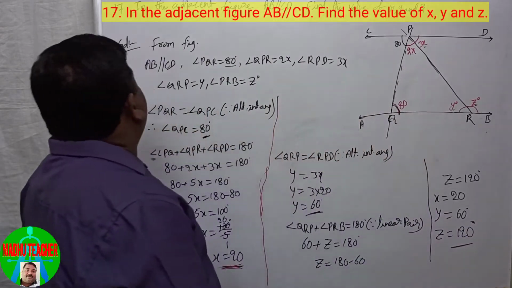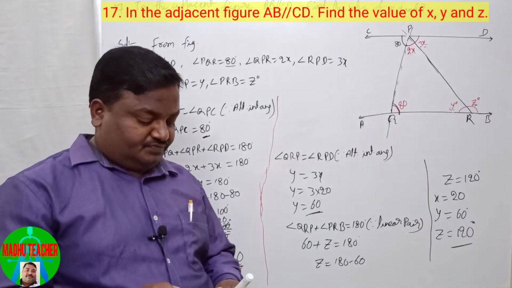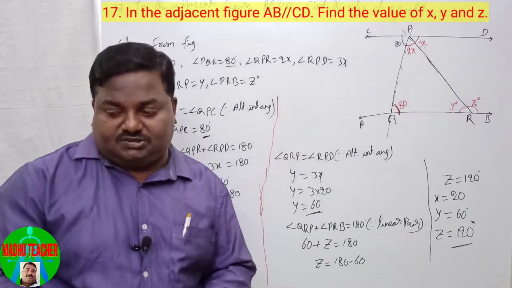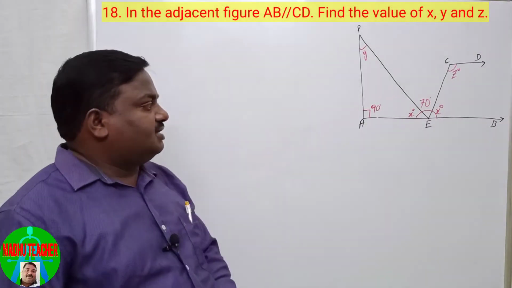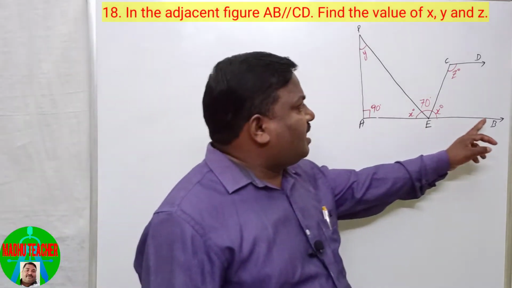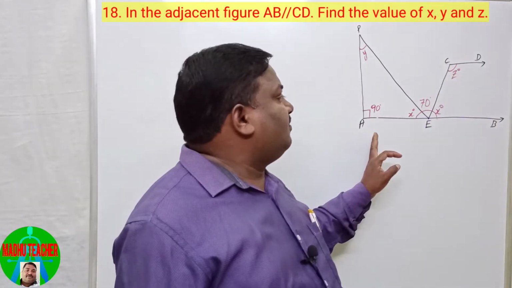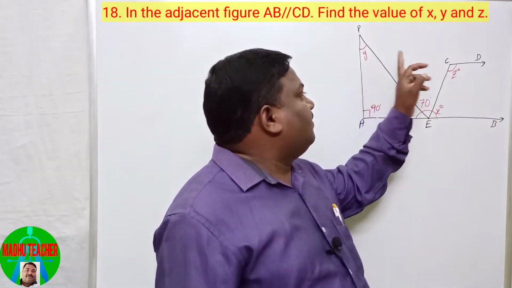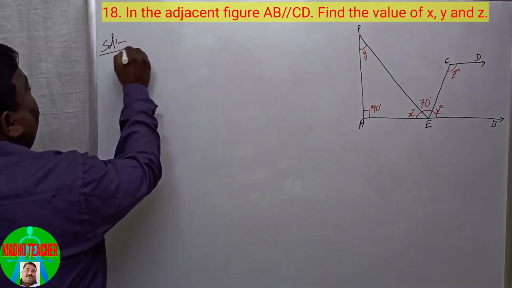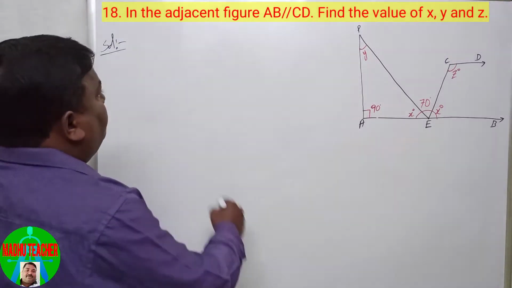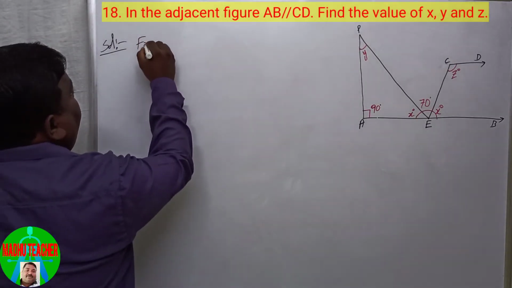Okay, this is the 17th one. Next, the 18th one: in the adjacent figure, AB parallel to CD, find the values of x, y and z. The given data is AB parallel to CD.